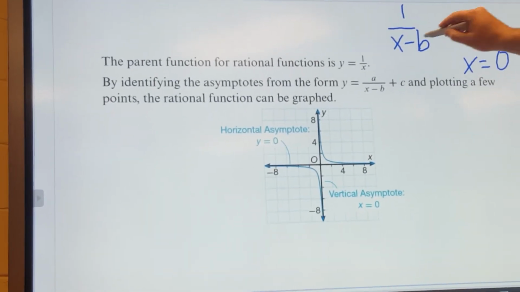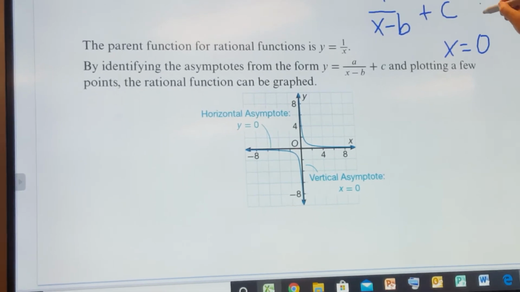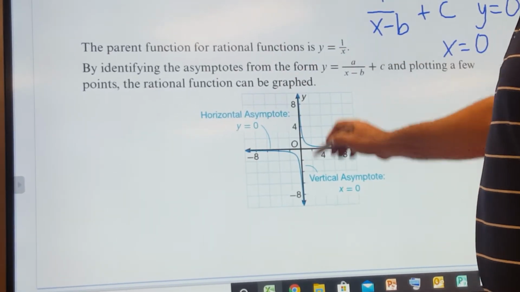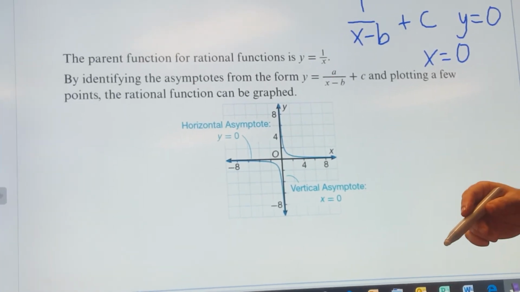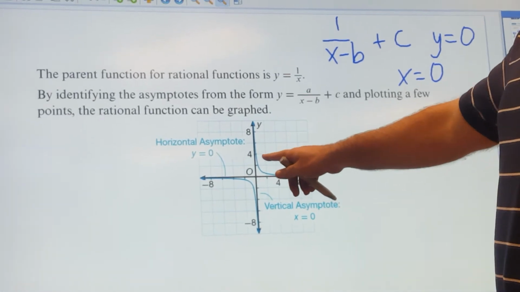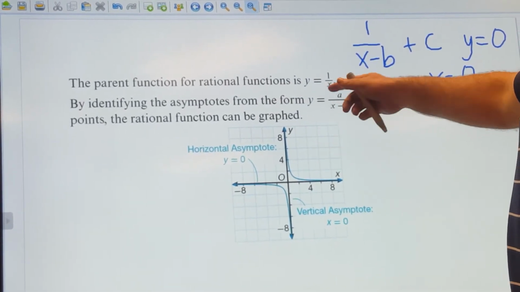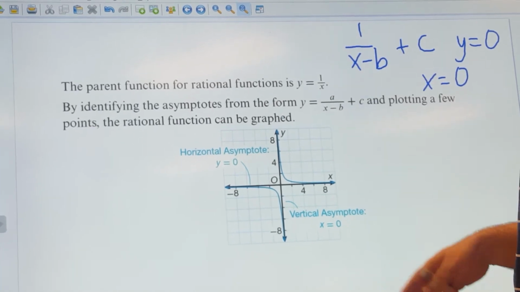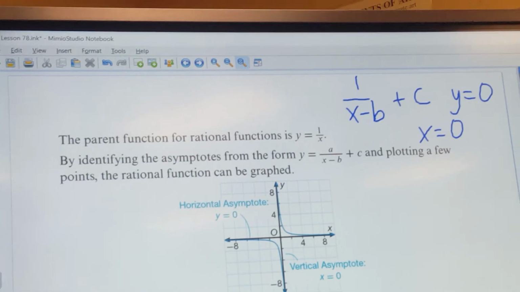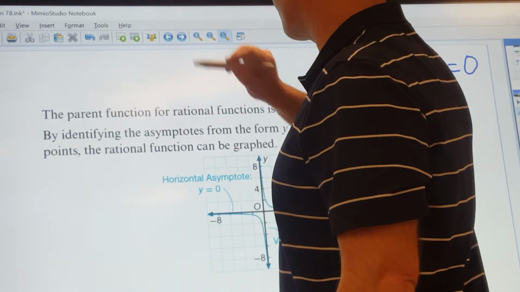We've got a horizontal asymptote where there's no number added to it, so the horizontal asymptote is at y equals 0. It's called a parent graph, or a parent function, because all of the other graphs in this form look like it, like a child. Everything's going to look like this, with the curve going that way and that way, just a little bit different.